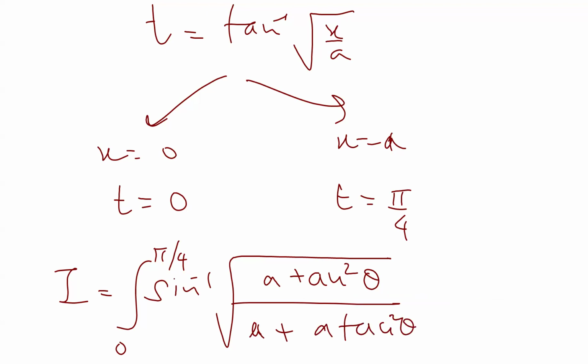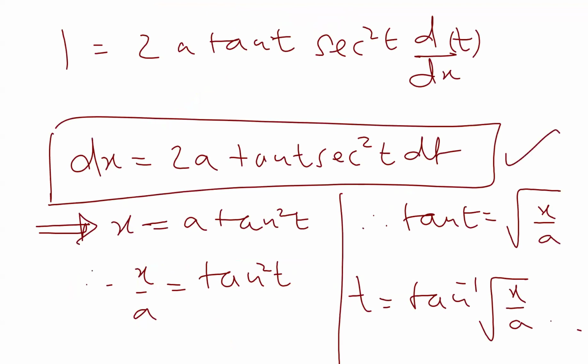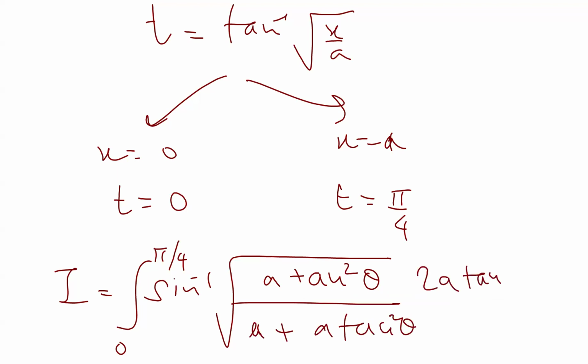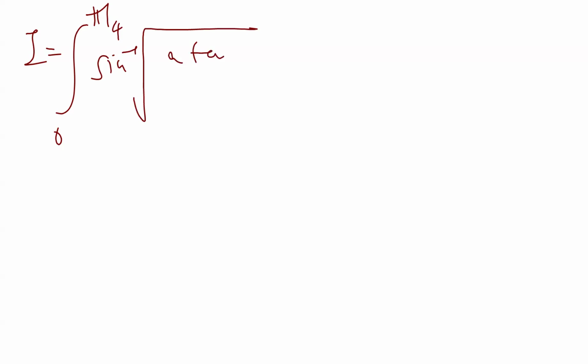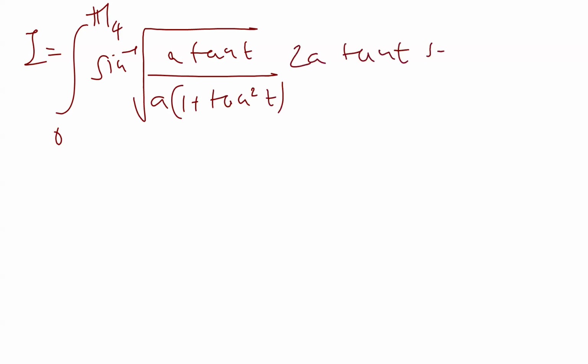And dx we have calculated, dx is 2a tan t sec square t dt. So I is equal to integration 0 to pi by 4 sine inverse root of a tan square t, take a common, 1 plus tan square t, 2a tan t sec square t dt.